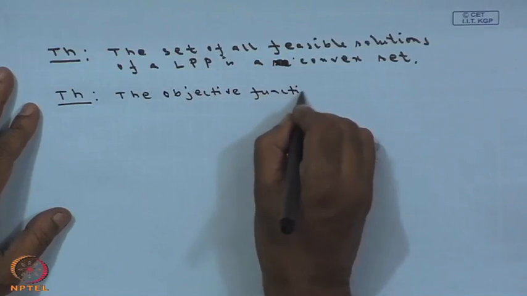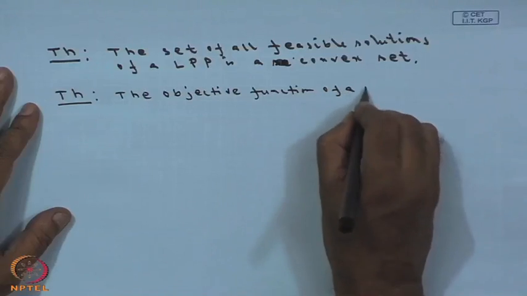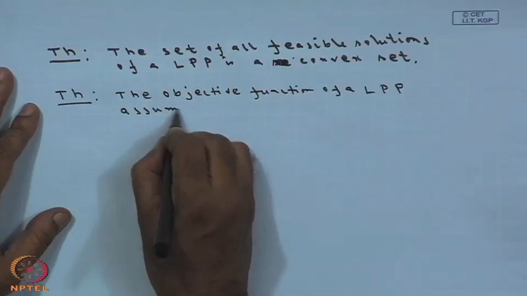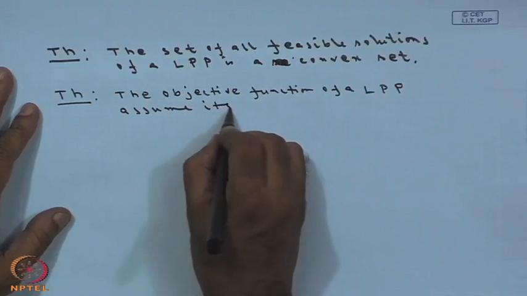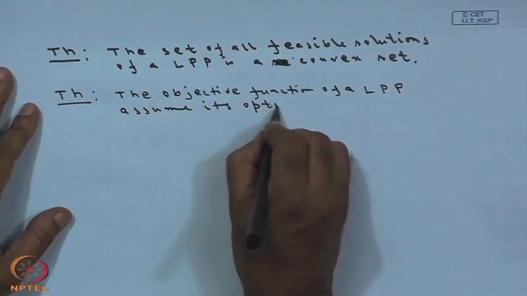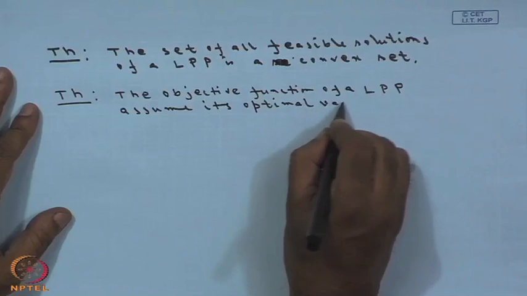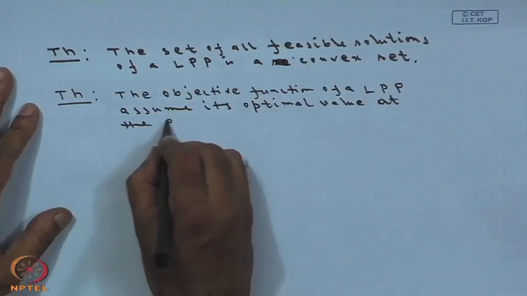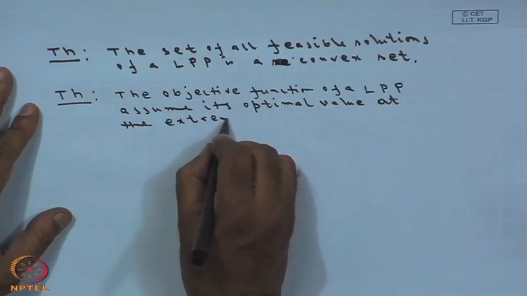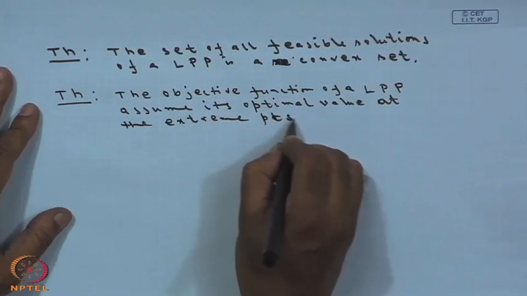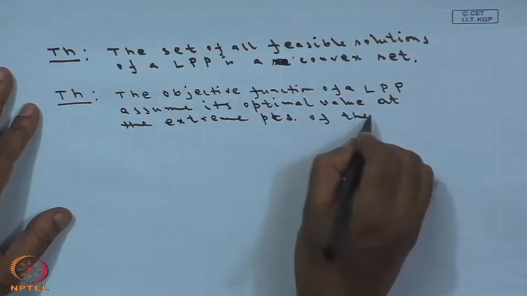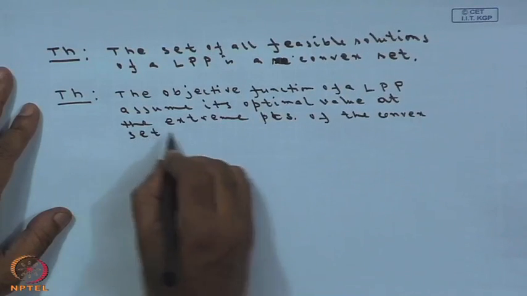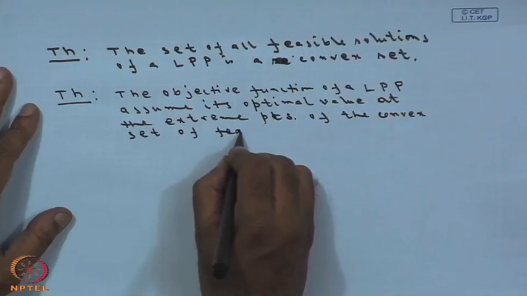The objective function of a LPP assumes its optimal value at the extreme points of the convex set of feasible solutions.